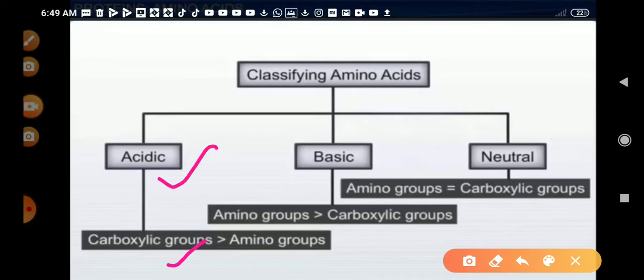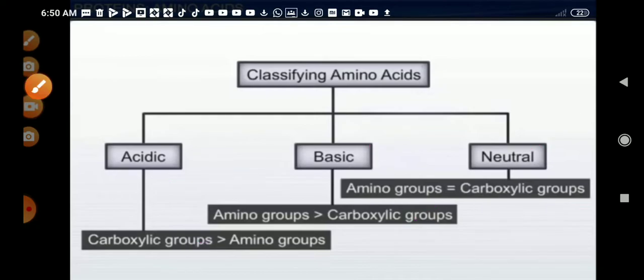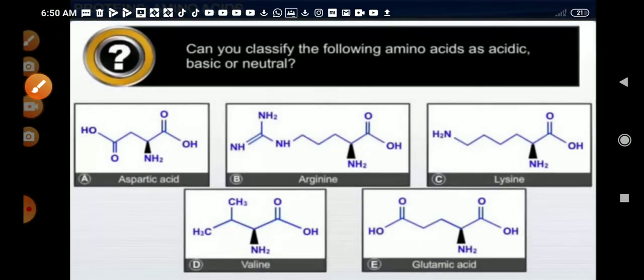If acidic groups are less than amino groups, then it is called basic. And if acidic groups and amino groups are equal, then it is called neutral. So depending upon the number of acidic groups and amino groups, we can classify it as acidic, basic, neutral.